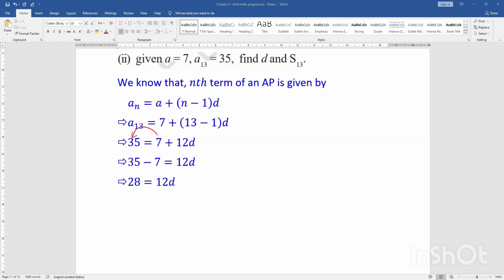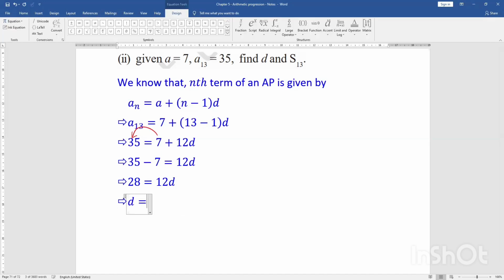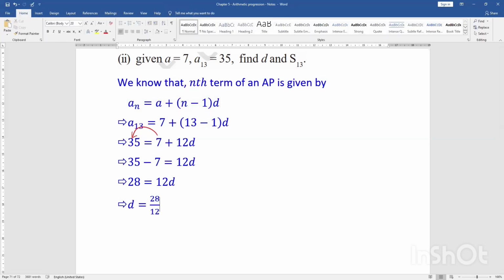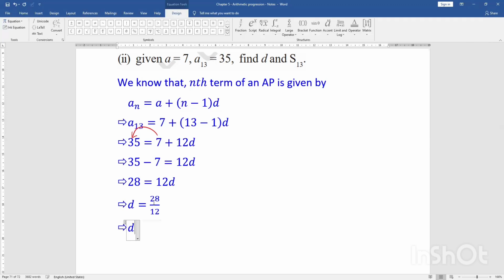Then we have d equals 28 by 12, or it's nothing but d equals, so it is how much? 7 by 3, because we can do the cancellation.